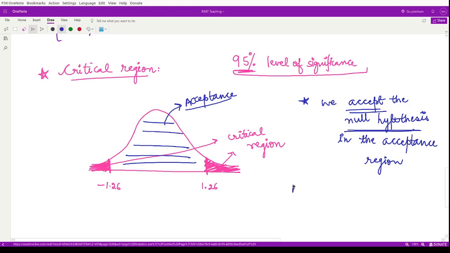And whenever your value lies in the critical region, which is also known as the rejection region, we reject our null hypothesis.